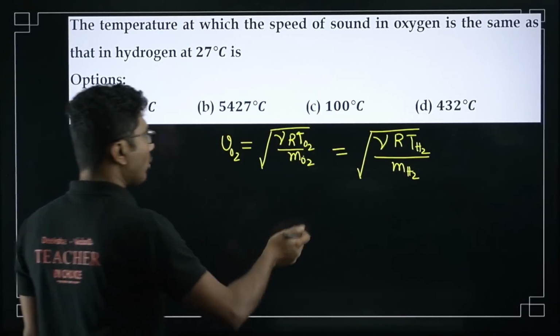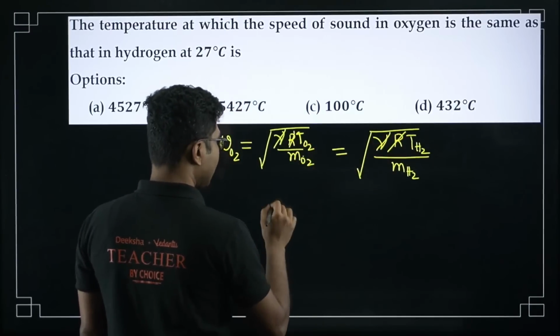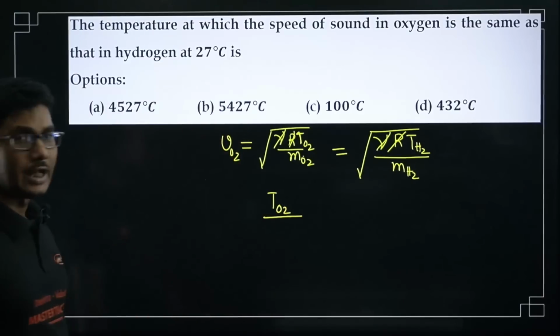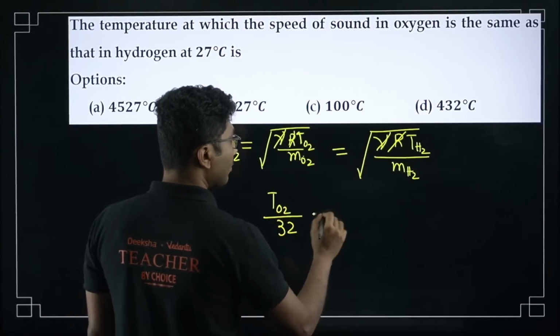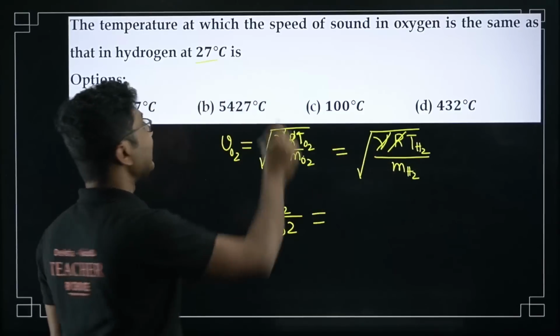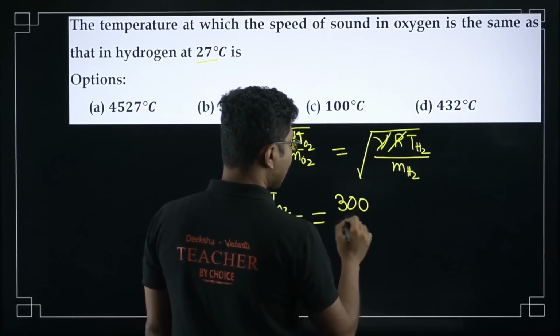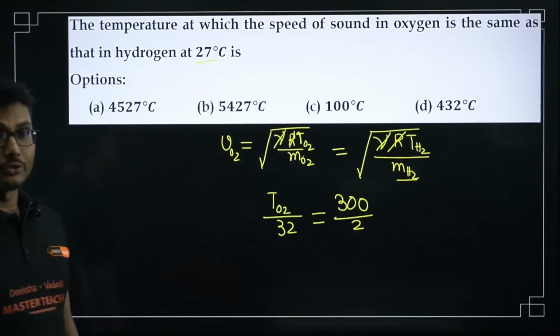Now let's put these values. The square root goes out, gamma cancels, R cancels. So TO2 by the mass of oxygen. The mass of an oxygen molecule is 32, equals TH2, which is 27 degrees Celsius, meaning 300 Kelvin, divided by the mass of hydrogen. The mass of a hydrogen molecule is 2.